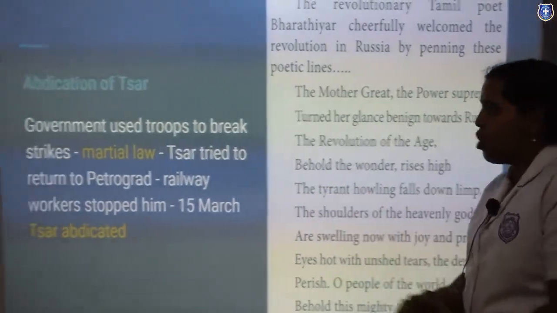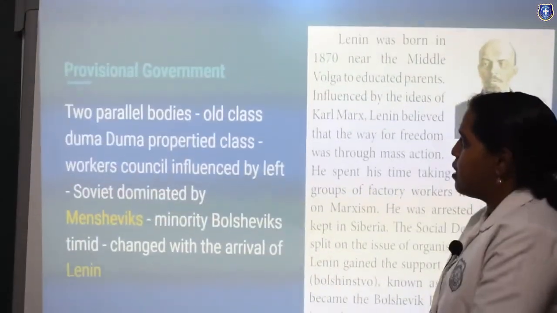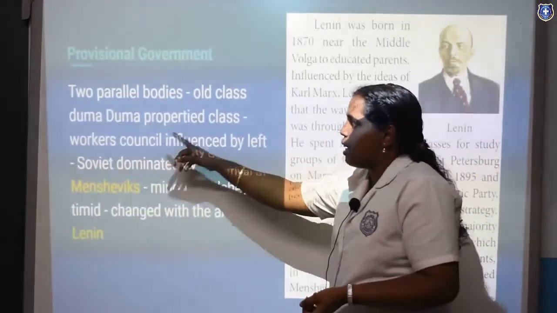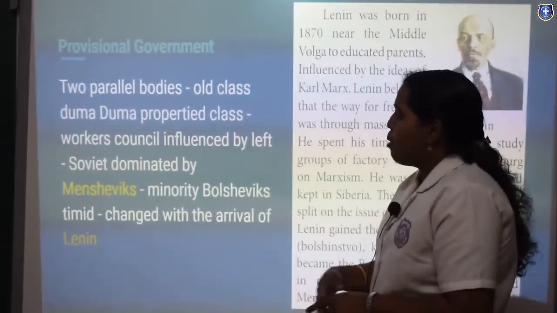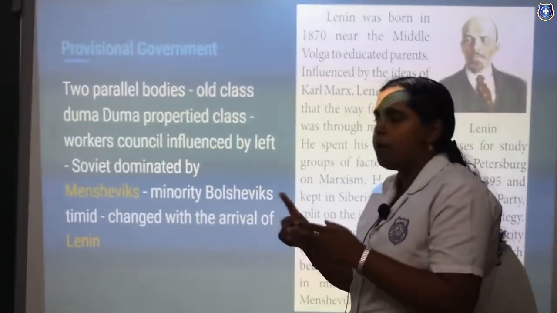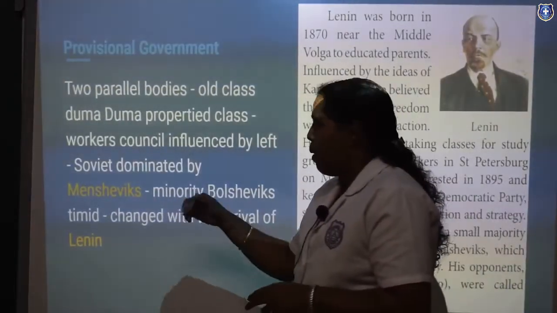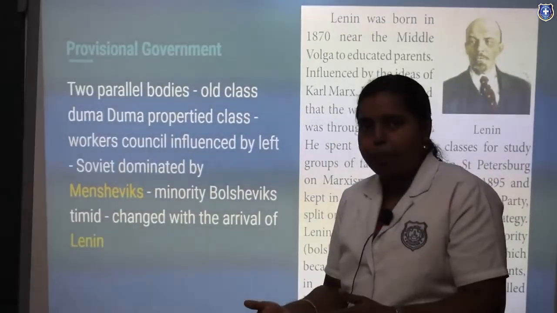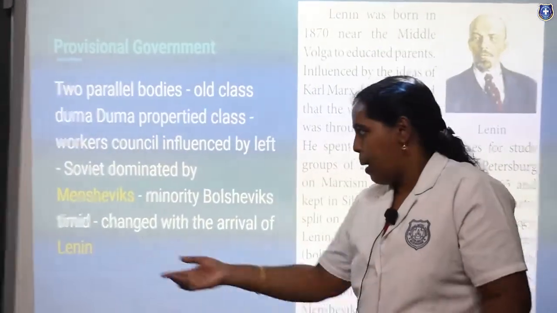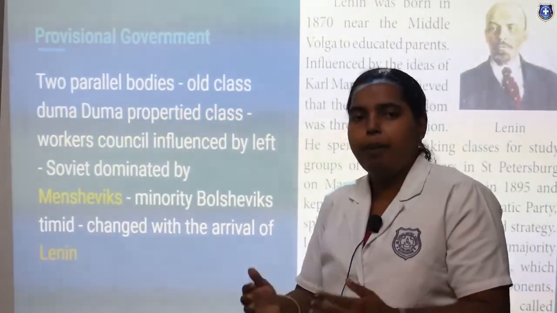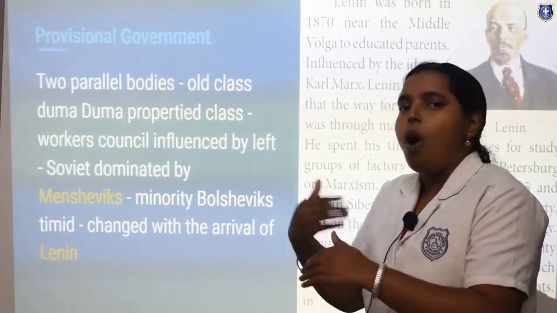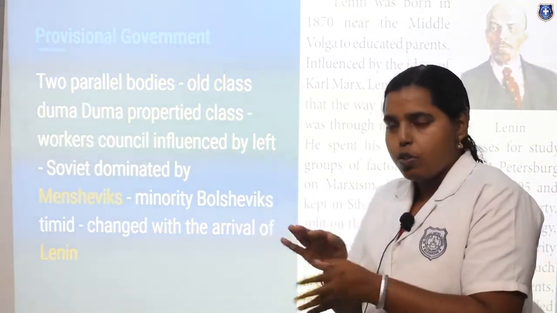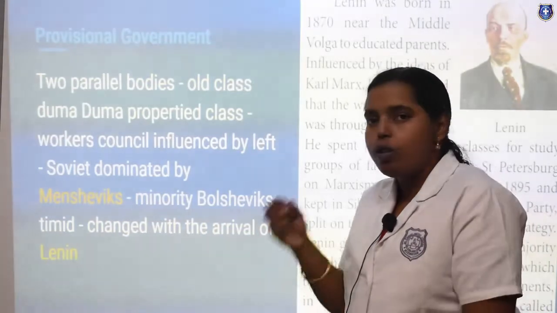The next topic is provisional government. Two parallel bodies, the old class Duma and the Soviet, the workers council influenced by the left. Actually, two parallel bodies were there, Bolsheviks and Mensheviks. Bolsheviks were the majority people and they were called Bolsheviks. Mensheviks are the minority, lesser in number and lesser in power.